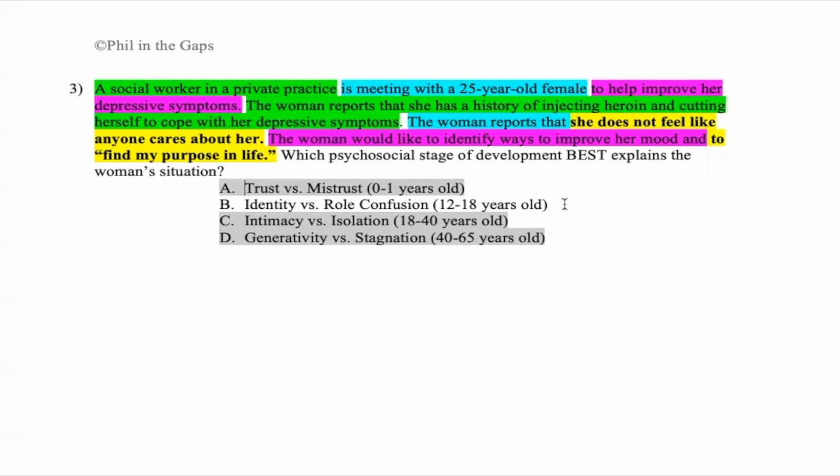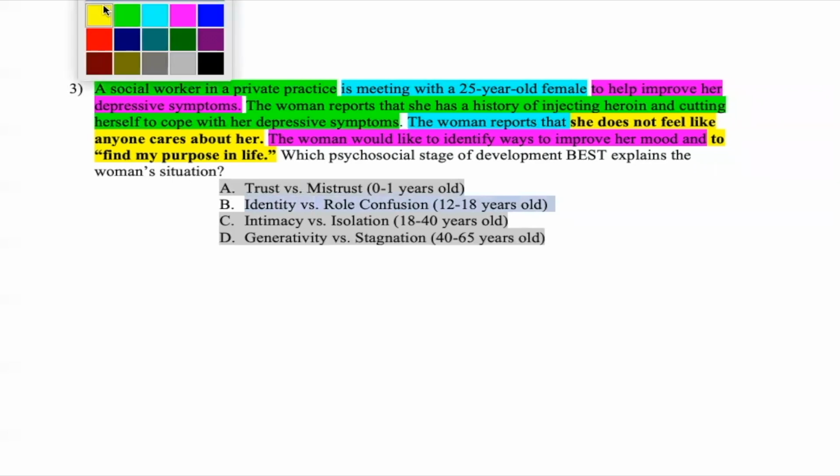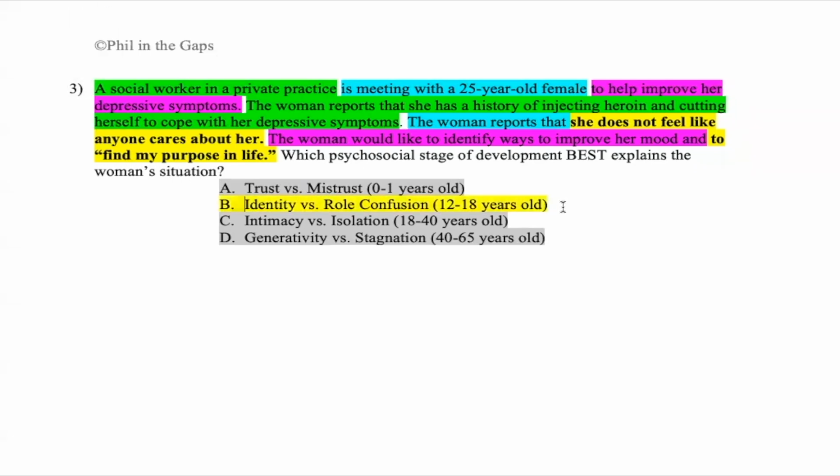So therefore, we're going with B, identity versus role confusion, because she's trying to identify where she would like to go, but she's confused based on her own expectations and the skills and abilities that she has. A is incorrect because even though it says she doesn't feel like anyone cares about her, it's not entirely her focus at this given moment. C is incorrect because nowhere in the question does it state that she's trying to get in an intimate relationship with other individuals, or that she's isolating herself based on not feeling good enough.